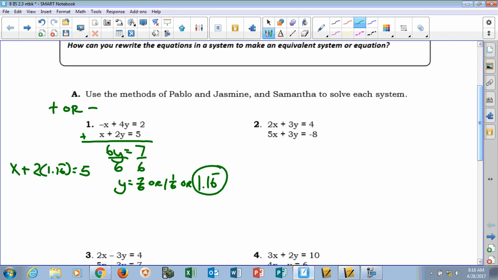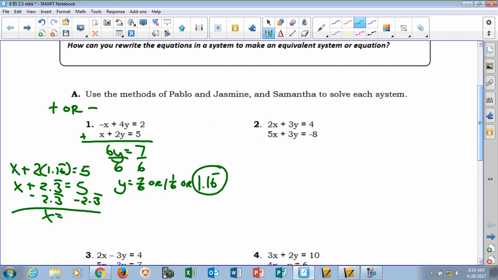Okay. So, two times 1.16 repeating is 2.3 repeating. And then I'm going to subtract it from both sides so I can solve for my x.